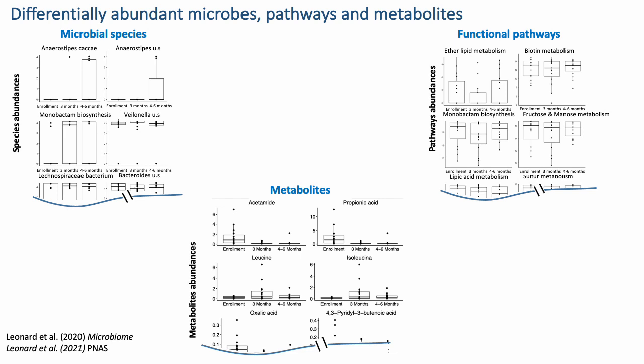In these studies, we were not able to directly link these three microbiome features, and the farthest we could go was just performing a correlation analysis between microbes, functional pathways, and metabolites. Today I will be talking about how we can mechanistically link these three features by using GEMs of metabolism.